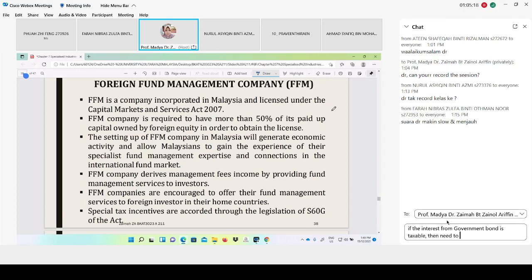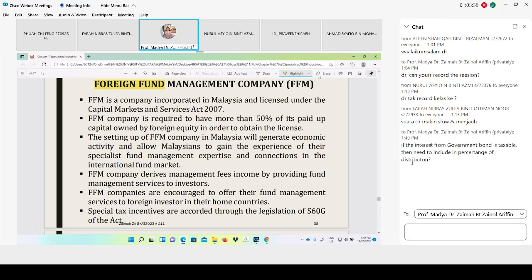Alright. Now we move to foreign fund management company. Okay, from the word itself, foreign fund. So the purpose is to collect the foreign fund from the foreign investor actually. Okay, this FFM is a company incorporated in Malaysia. It must be incorporated in Malaysia to be taxed, and licensed under the Capital Market and Service Act 2007.